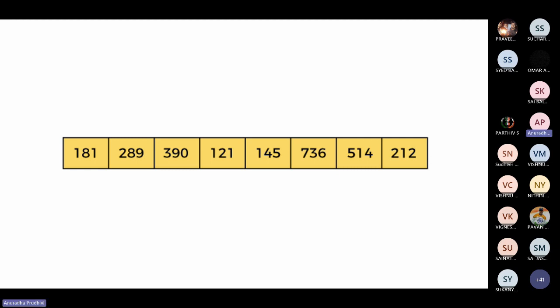Next 181 in bucket 8, 121 in bucket 2, 212 in bucket 1, 514 in bucket 1, 145 in bucket 4, 736 in bucket 3. Next 289 in bucket 8, right?